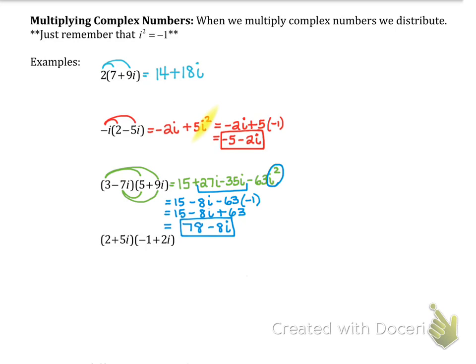All right, let's look at another example. Again, we're going to double distribute. 2 times -1 is -2. 2 times 2i is plus 4i. 5i times -1 is minus 5i.